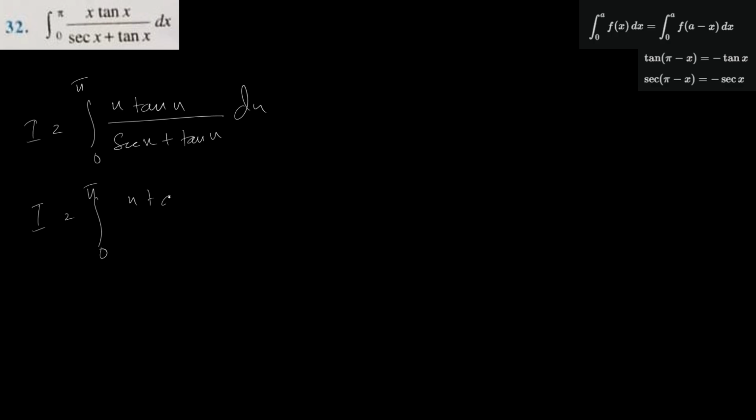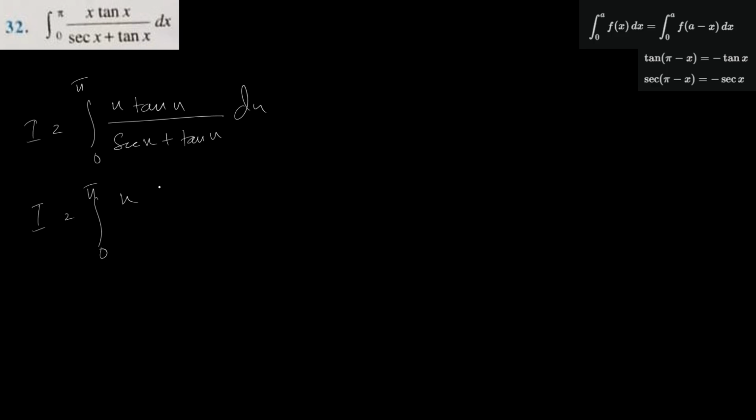So this is question number 32. Integration 0 to pi of x tan x by sec x plus tan x dx. This is I is equals to. So here first of all, what I will do, I will divide both the numerator and the denominator, or okay, sorry, I will not divide, let's do this.